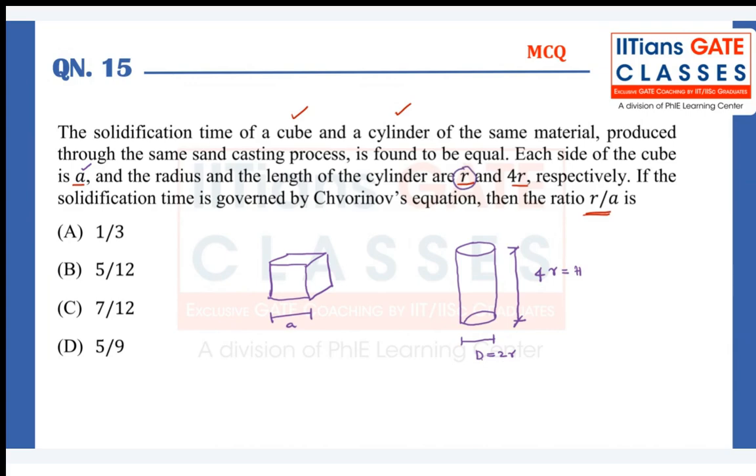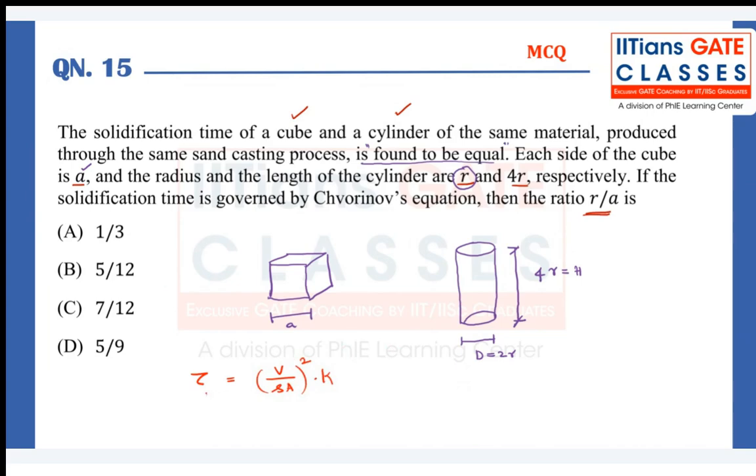Now what are they telling? The solidification time of the cube and the cylinder is found to be equal. That means the solidification time of the cylinder and of the cube are equal. So what is the formula we have discussed for this? Solidification time is equal to volume by surface area, whole square, into K. K is constant for both cases.